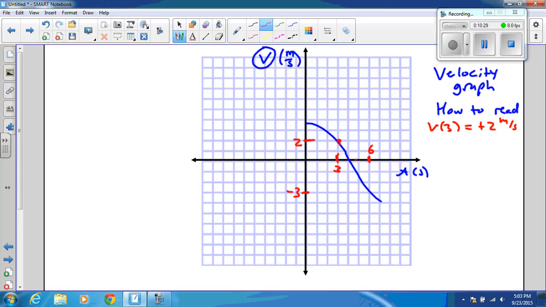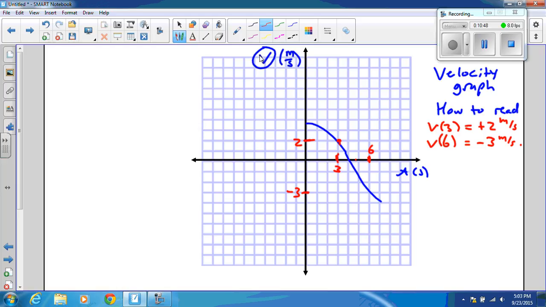And I can see that my velocity at time 6 is equal to negative 3 meters per second. I apologize for the confusion there, I misspoke at first.